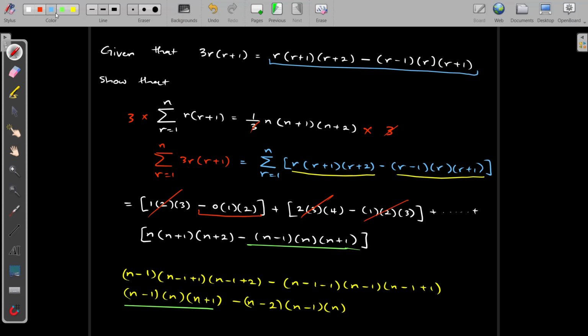So all that we're left with is this one right here. So everything else would cancel, leaving that one. So that would cancel that, and this would cancel the term before that one. So we're left with n plus 1, n plus 2.